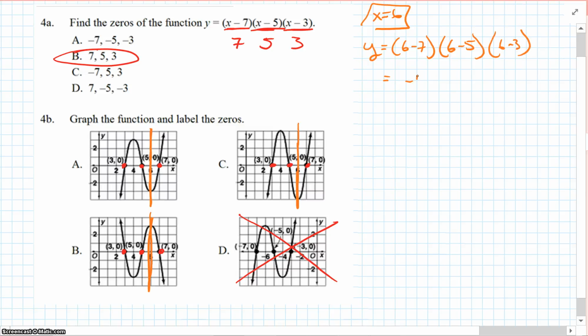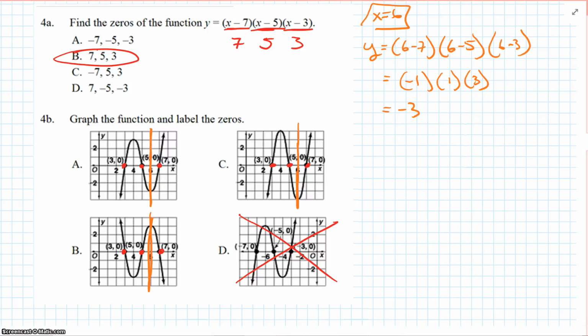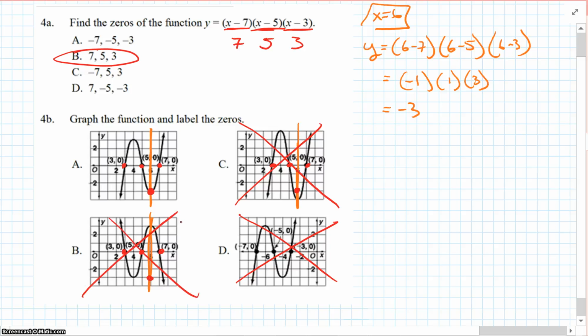So that's going to be negative 1 times 1 times 3, so that's going to be negative 3. So when x equals 6 on that line I just drew, y equals negative 3. 1, 2, 3. So that one meets the criteria. That one does not. That one does not. So our answer is A. Again, understand the curves.